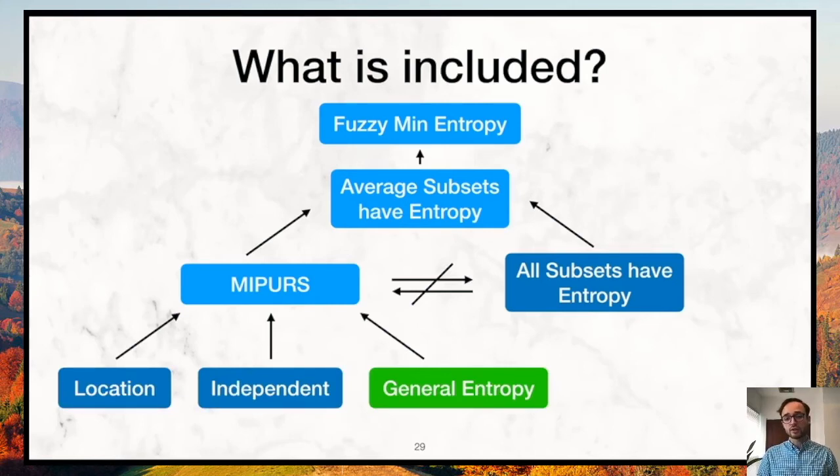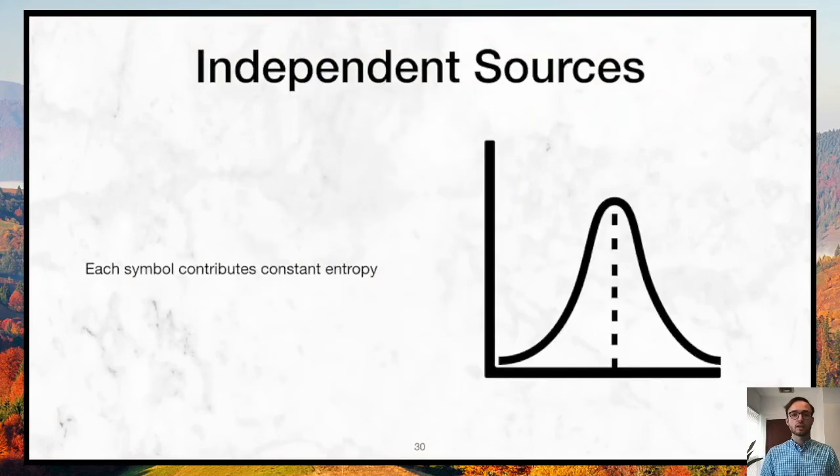I'm going to talk a little bit about what location and independent sources are. I'm going to walk us through more about the general entropy case, and I'll also talk about this relationship with all subsets have entropy. Independent sources are sources where each symbol contributes constant entropy. This means that the error in each location is independent from each other location.